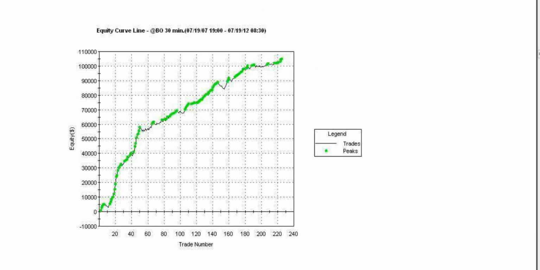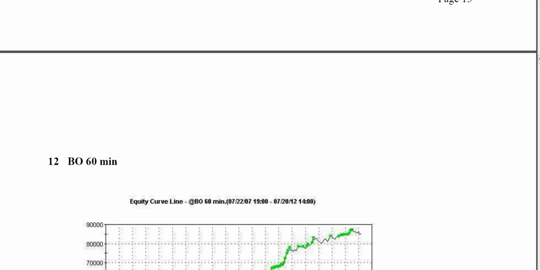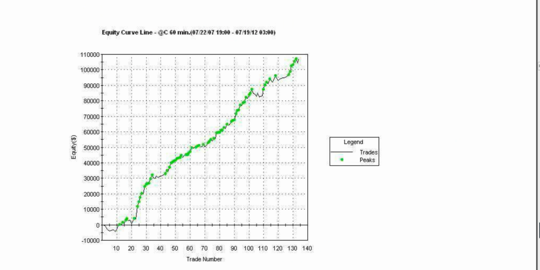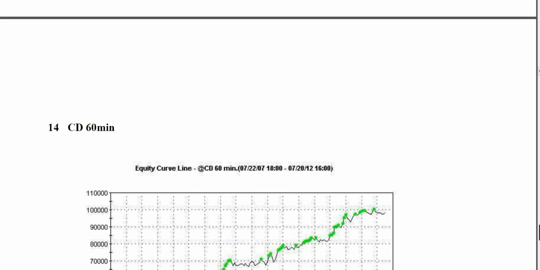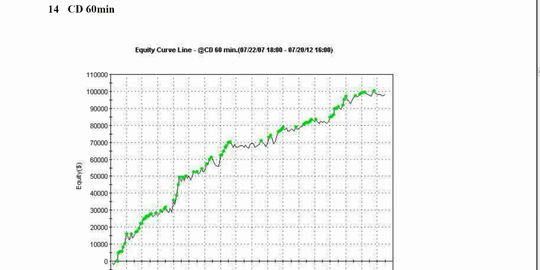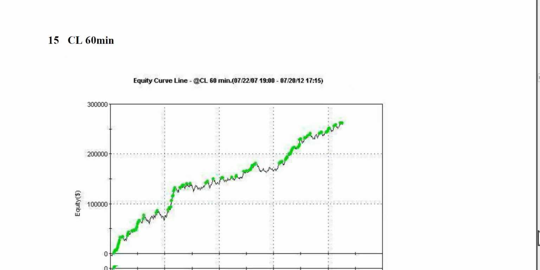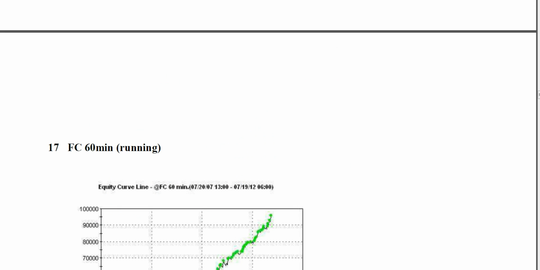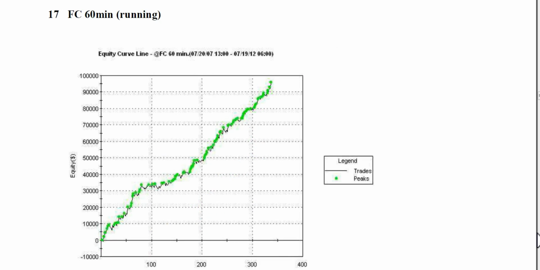Here is the Canadian dollar. This is oil, crude oil. This is the dollar future. Feeder cattle.